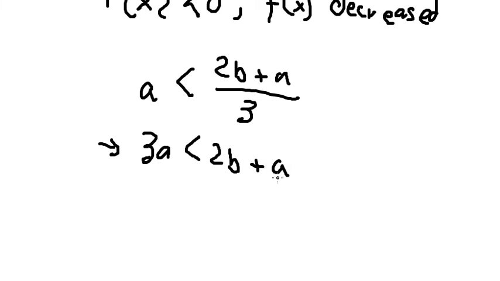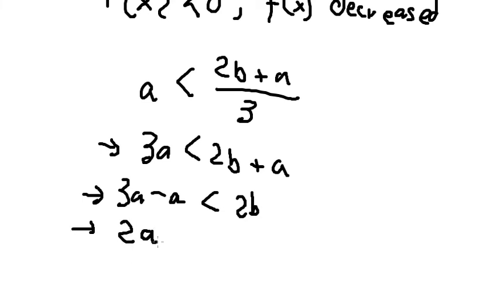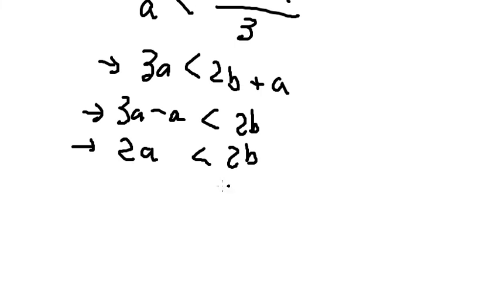Later we put a on the left. So we have 2a. Number 2 and number 2 we divide. And we have one condition.